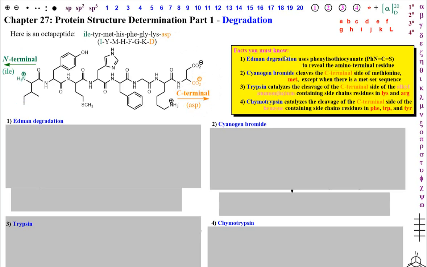Edman degradation, here's what's going to happen after we reveal. It's going to use phenylisothiocyanate to tell us what the amino terminal residue is.